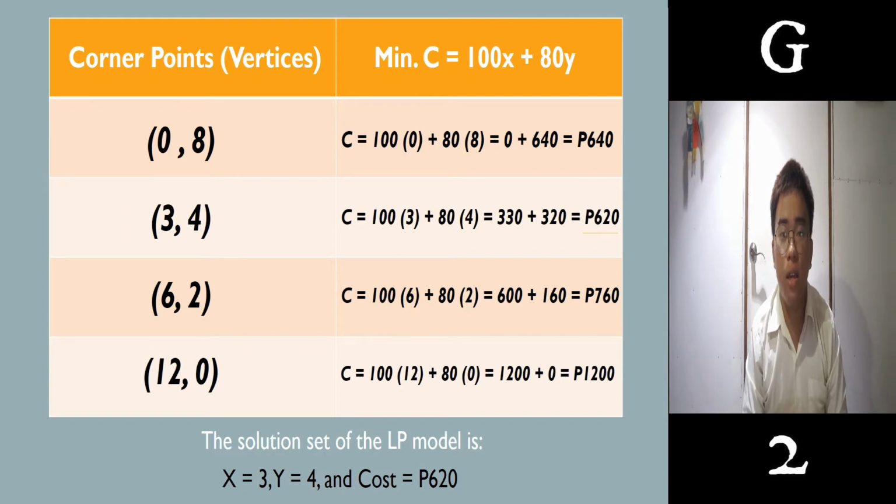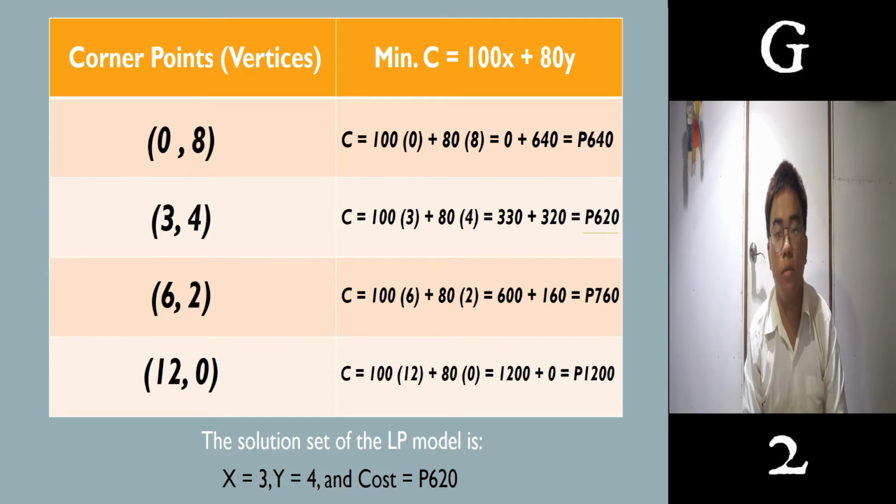As you can see, we have substituted the numbers, and we identify the minimum cost, which is the least number out of all the answers. So for problem number 1, the solution of the LP model is x equal to 3, y equal to 4, and the cost is equal to 620 pesos.